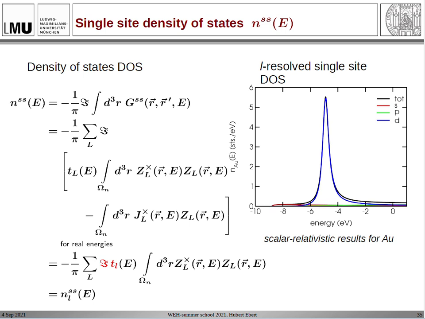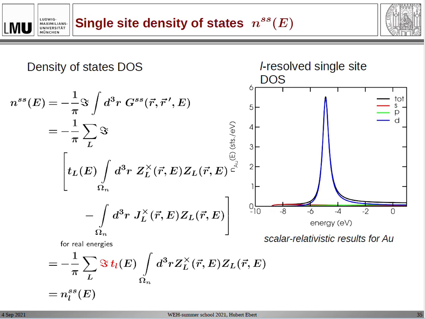So we have an overlap matrix element of the Z functions multiplied by the imaginary part of the T matrix. And that means the single-site density of states pretty much maps the imaginary part of the single-site T matrix, of course decorated with that matrix element.